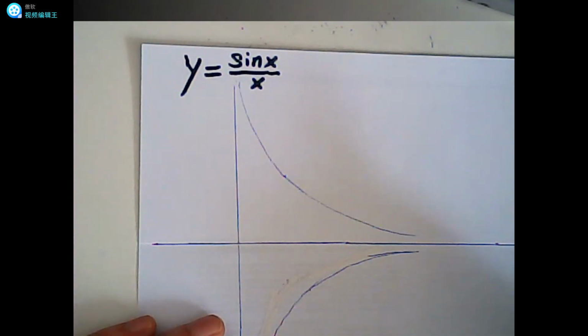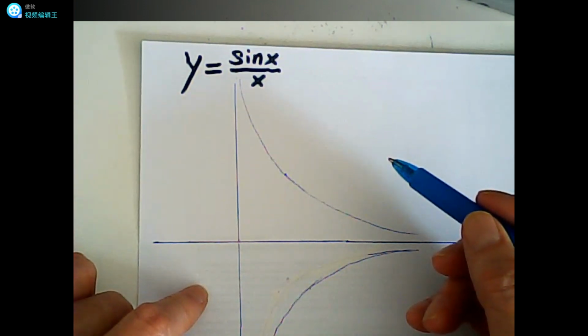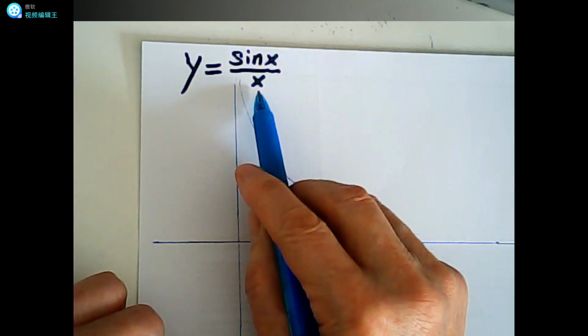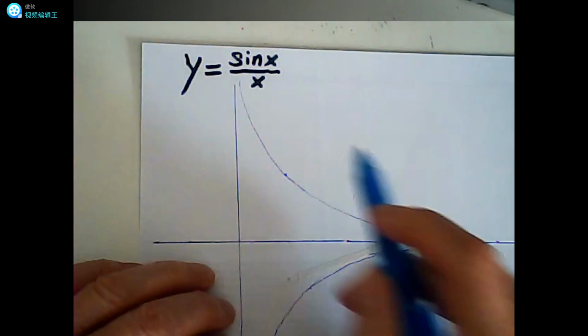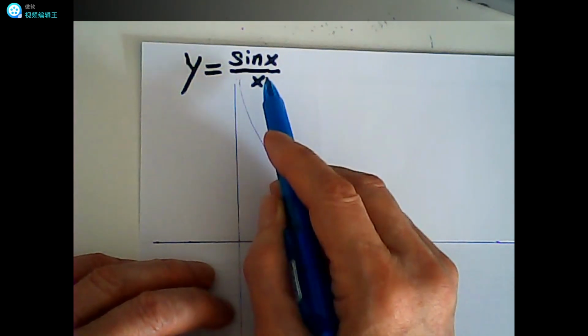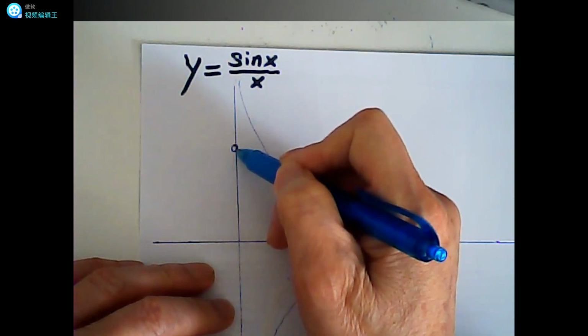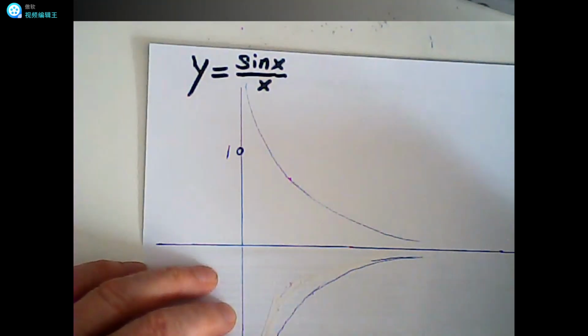Now we just drop the key points. When x equals 0, the function is not defined. But taking the limit as x approaches 0 from the right, it is equal to 1. The limit exists, the function does not.